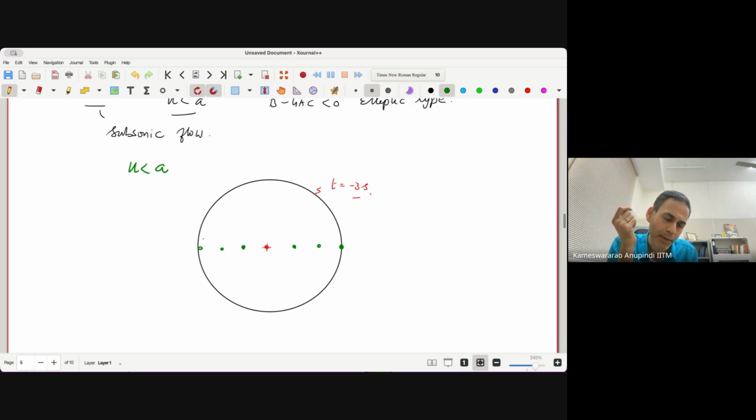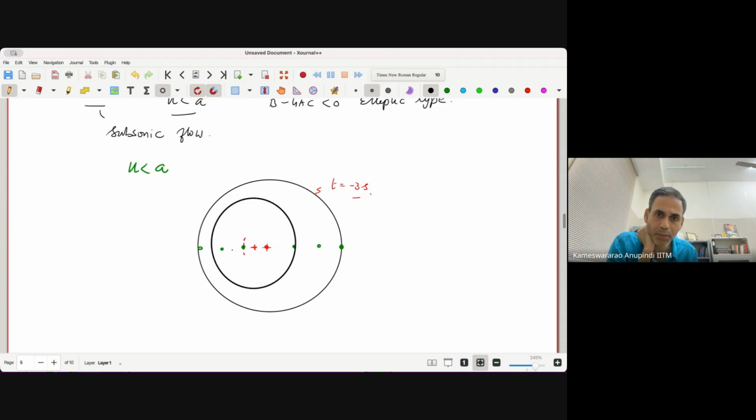Then the source which has generated this has traveled some distance. But the speed of sound has traveled up till here, while the source has only traveled here. And then at t equals minus 2 seconds, it's going to create another disturbance, and it's going to be something like this.